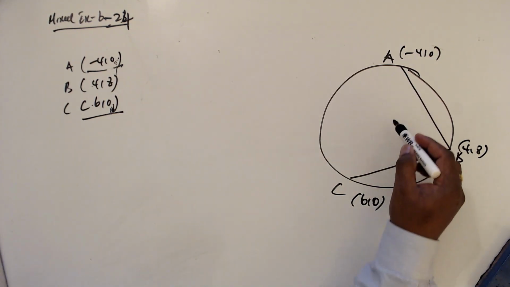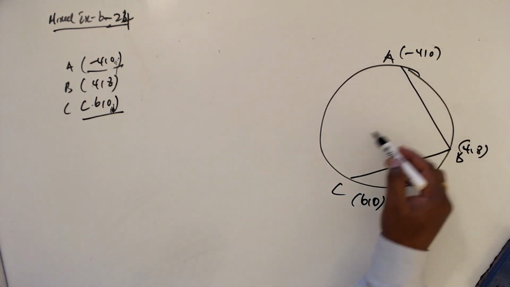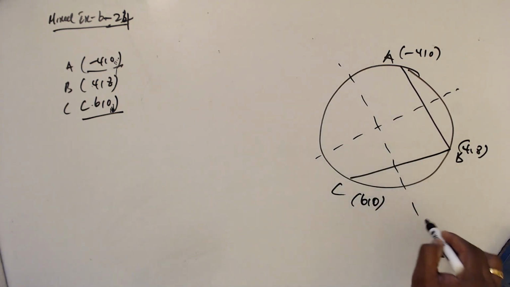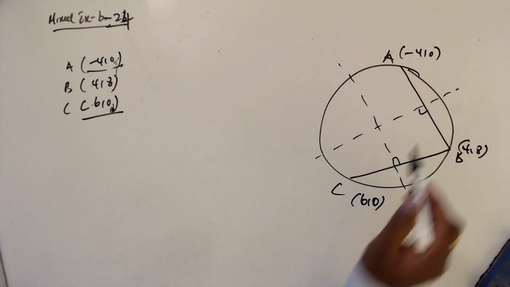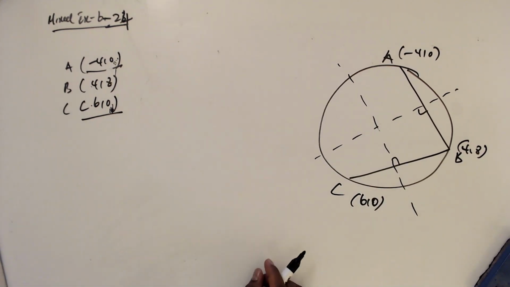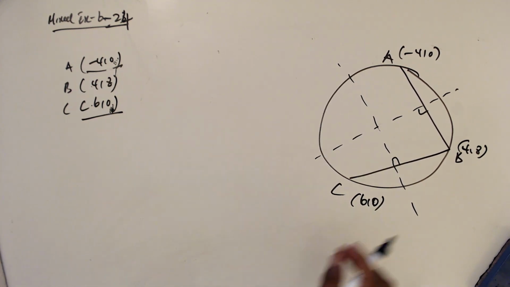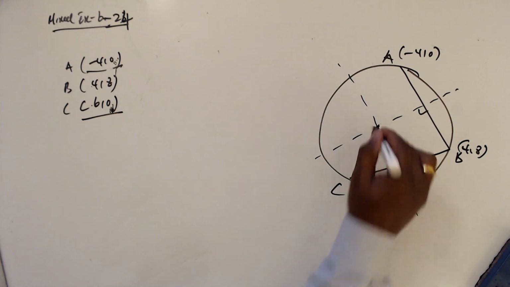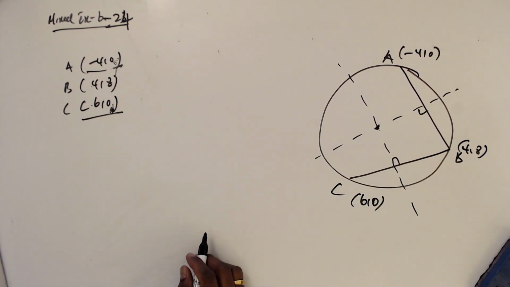So now we have to work with the perpendicular bisectors. We need to find the center. We know that the perpendicular bisectors intersect at the center. So this is the only solution we have now.